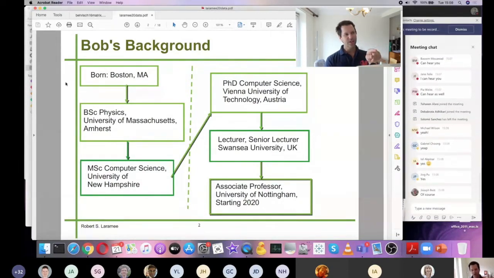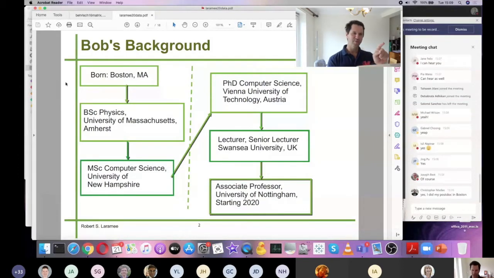And you'll see that there is a dashed line there and then an arrow that represents the Atlantic Ocean. So from going to the University of New Hampshire in Durham, New Hampshire, I jumped across to Austria and wrote a PhD at the Vienna University of Technology.